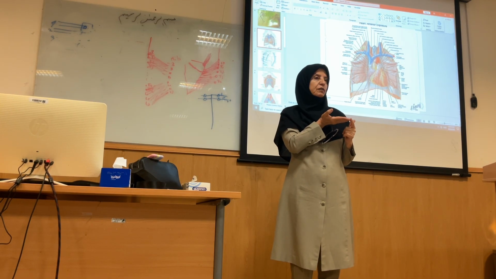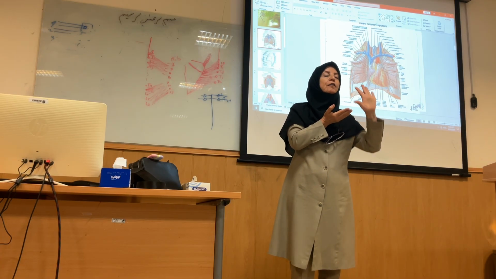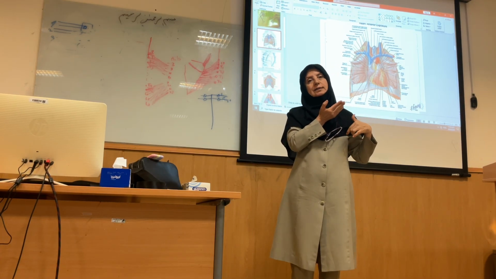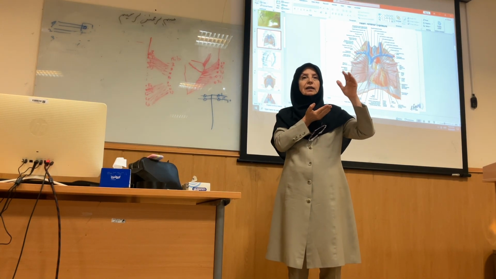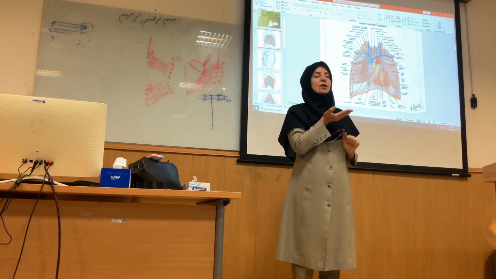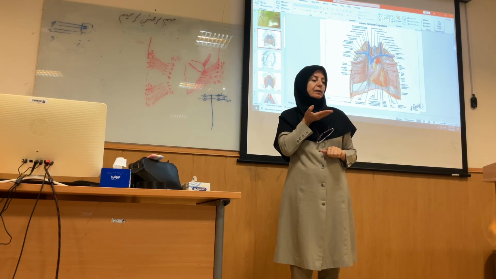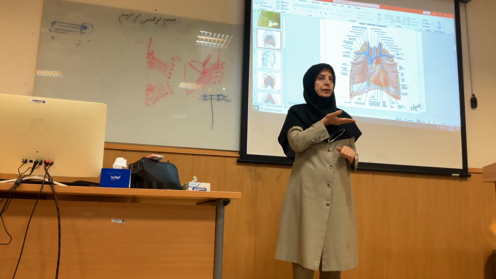The apex of the heart is inside of the left fifth intercostal space. Which intercostal space? Fifth. On the right or on the left normally? Left. So the apex of the heart is directed forward, downward on the left side.